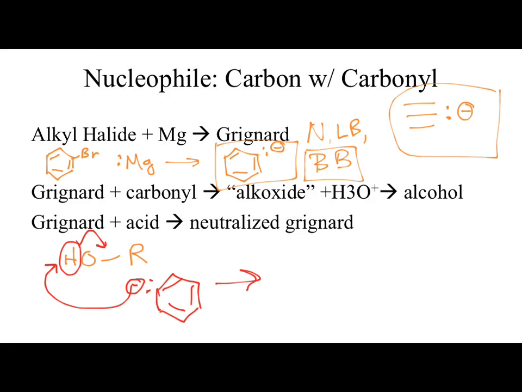What happens to my Grignard reagent? Becomes benzene, and then I get a deprotonated alcohol left over. So we end up quenching the Grignard reagent. It no longer acts as a nucleophile, and that ruins our reaction.